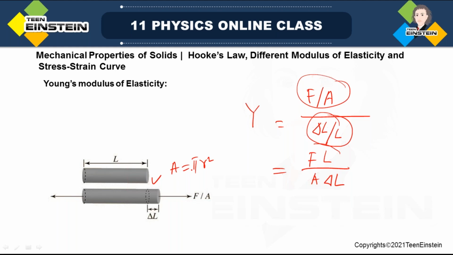So Young's modulus is F into L divided by A into delta L, where the area A has to be written as pi r square.